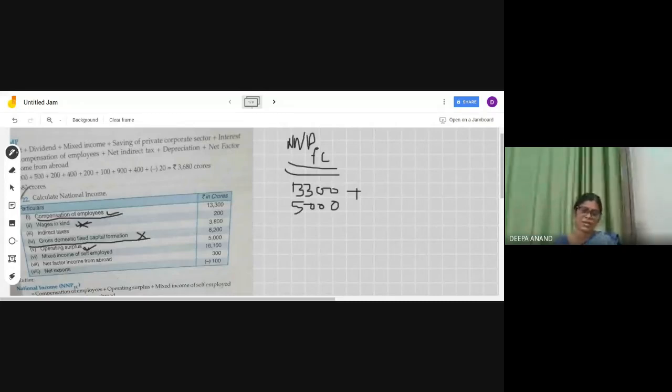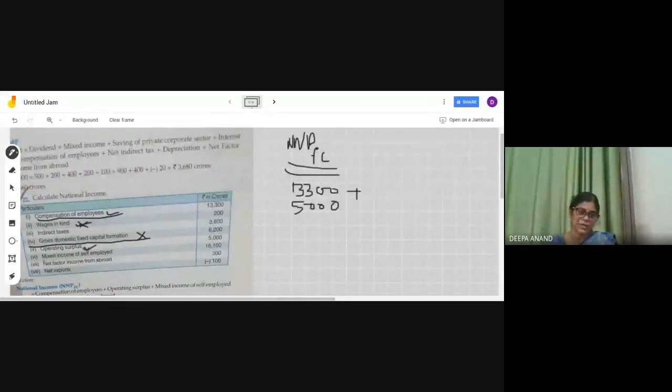So you just ignore the item, because it is just to create confusion. It is given. It cannot be included in the operating surplus. Compensation of employees में भी नहीं आएगा because it is capital formation.